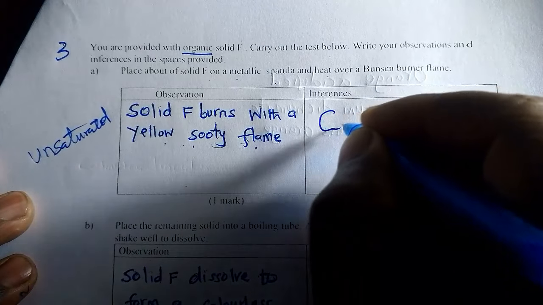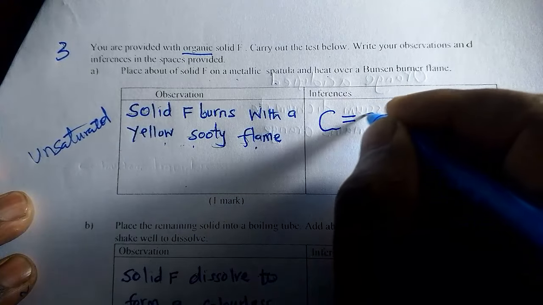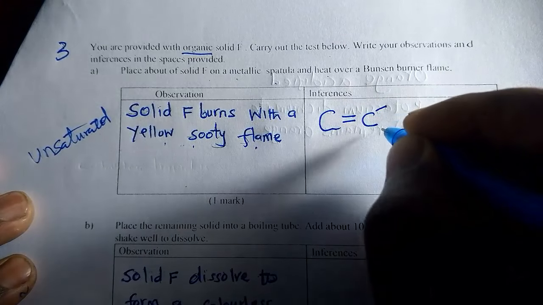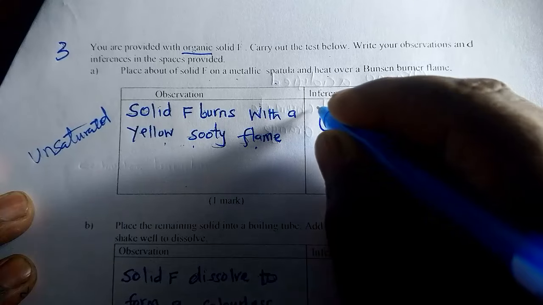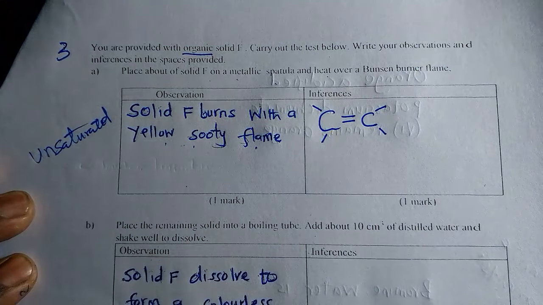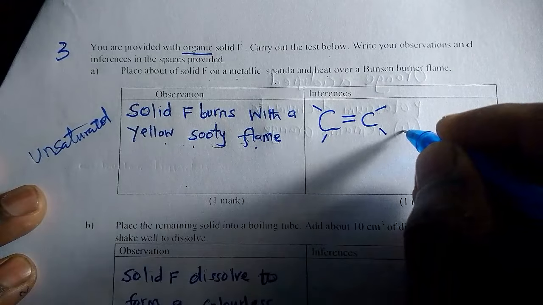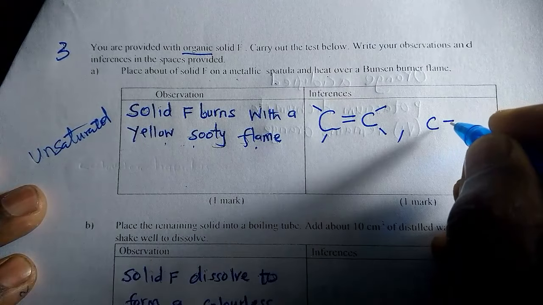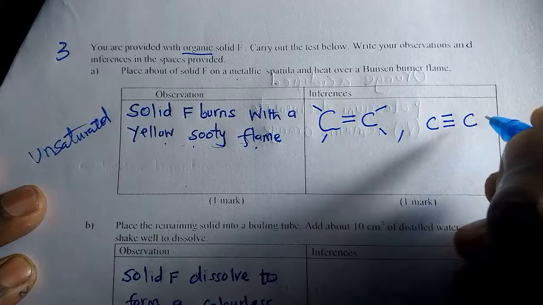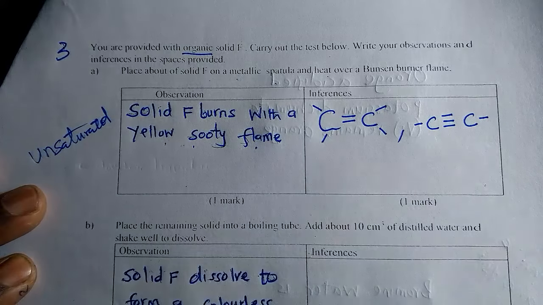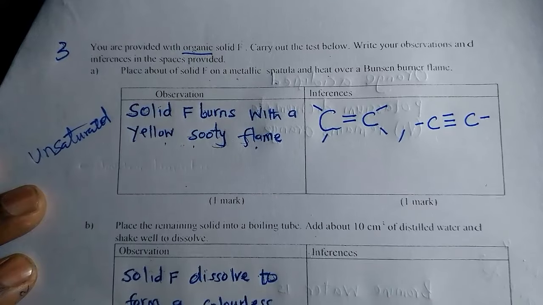The double bond. Make sure this carbon is surrounded with 4 covalent bonds. The triple bond. Put another here to make sure that each carbon is surrounded with 4 bonds.